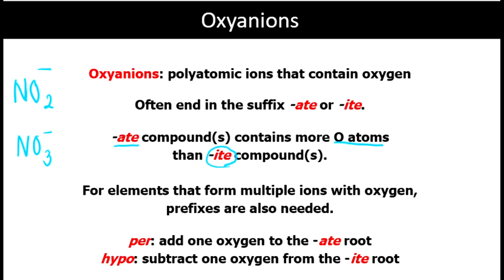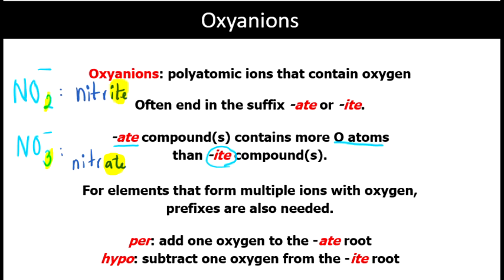What does that mean? If I look at the table, this one is nitrite and this one is nitrate. ATE means the ion contains more oxygen: 3 oxygen, nitrate. 2 oxygen, ITE, less oxygen, nitrite.